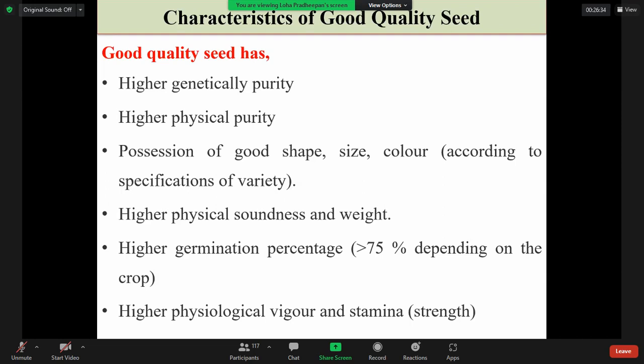Genetic purity is naturally influenced by the genes. But physical purity depends on the mixtures, like weed seeds or other crop seeds, and the presence of inert matter. So these will influence the physical purity.